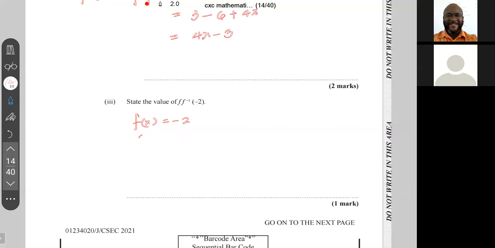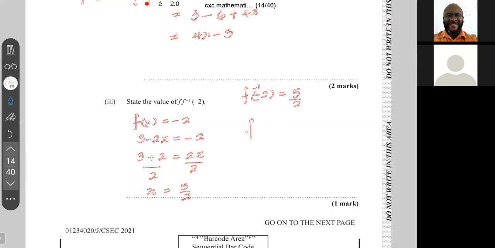f of x is 3 minus 2x, and this is equal to minus 2. So now we have 3 plus 2 is equal to 2x. Divide both sides by 2. We get x is equal to 5 over 2. So f inverse of minus 2 is equal to 5 over 2.